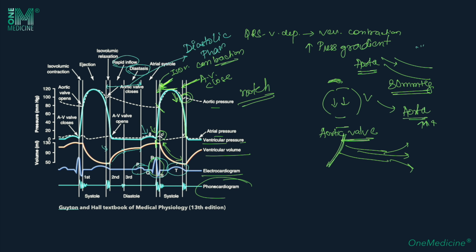What is this notch due to? Please understand, when the valves close, say for example the aortic valve has closed, the blood is flowing with high velocity inside the aorta.